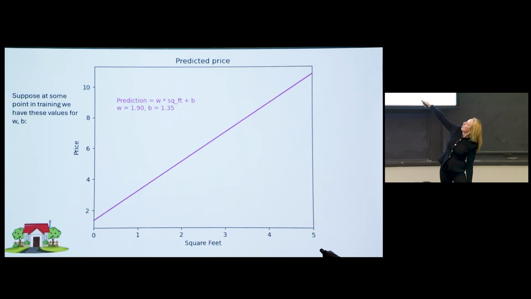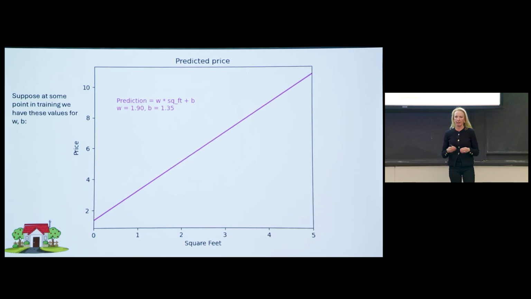Suppose my prediction, this is just a linear model, I'm going to compute as some weight times the square footage of the house plus a bias term. Something that just doesn't constrain me to have a price of 0 if there's 0 square footage. I don't know, maybe the lot itself is worth something even if there's no house there. It gives me that kind of flexibility.